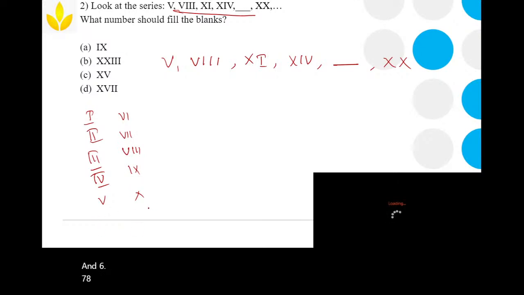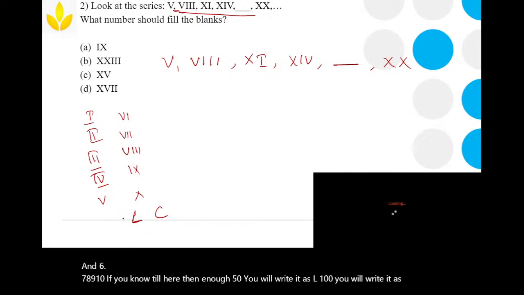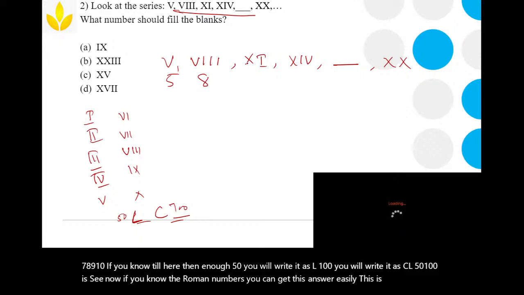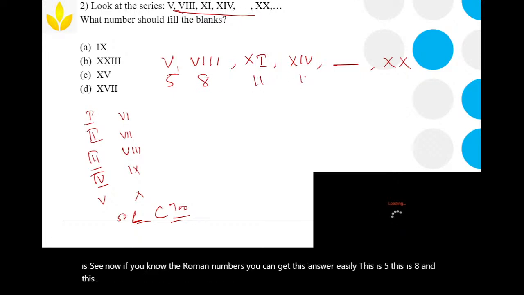If you know till here, then enough. 50, you'll write it as L. 100, you'll write it as C. Now, if you know the Roman numbers, you can get this answer easily. This is 5, this is 8, this is 11, this is 14, and this is 20. Now try to find the difference, because the numbers are very close to each other.